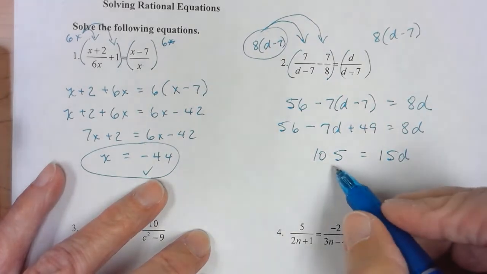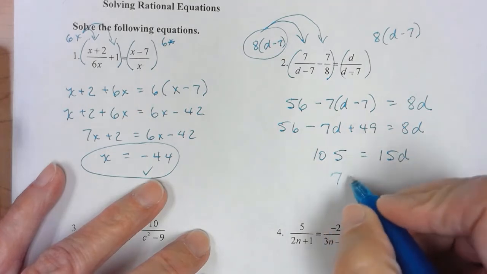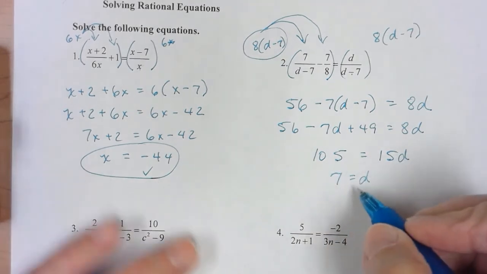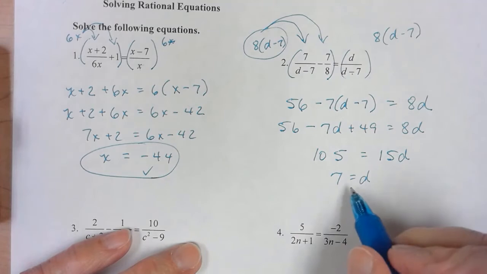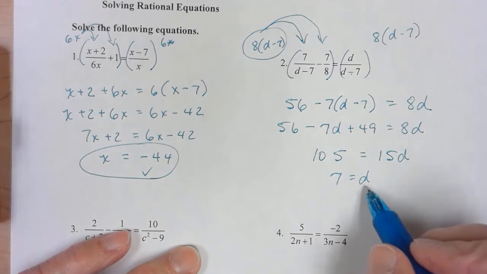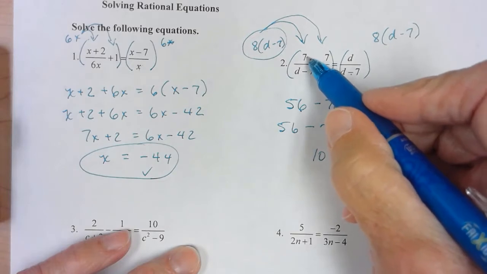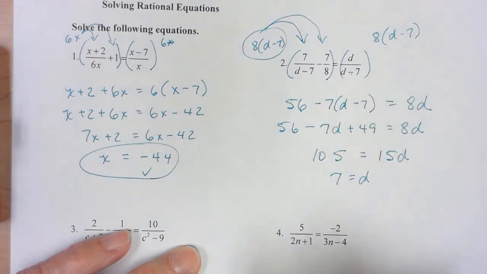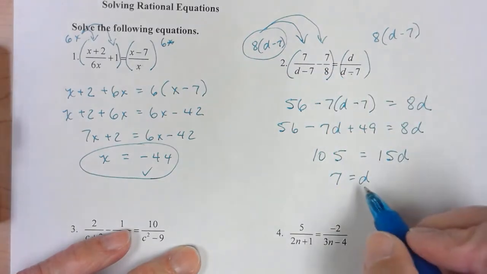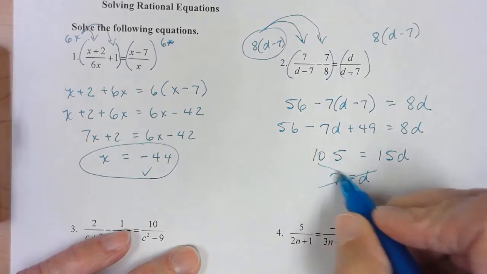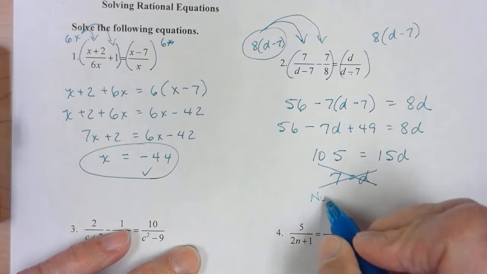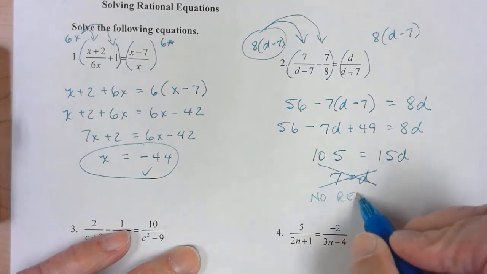So 105 divided by 15, I get 7. Now I need to check it. But now notice what happens. If I put that in the very first one, I have 7 over 0. That's not a possibility. This is called an extraneous solution. Since it's my only one, I'll just have to say there's no real solution.